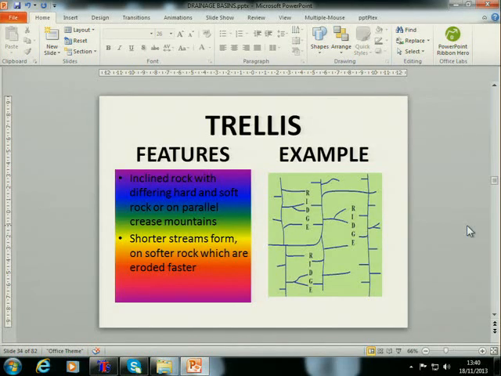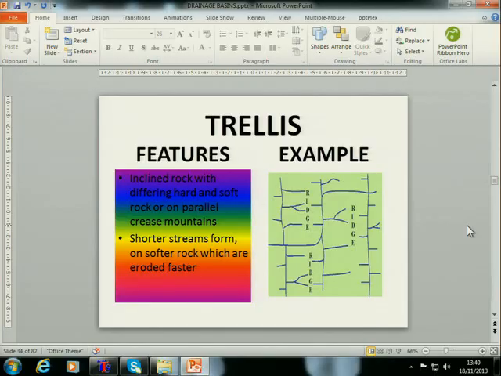Now we come to the trellis pattern. The trellis pattern and the rectangular pattern are sometimes not very easily distinguished by candidates. The features of the trellis pattern are that it is found in inclined rock.